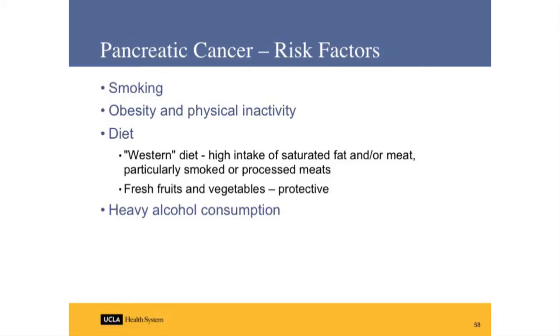Fresh fruits and vegetables are actually protective. And then heavy alcohol consumption has been implicated. Not listed on this slide, but some studies have shown drinking lots of coffee increases the risk, while other studies have shown no risk with drinking coffee, so it's controversial.